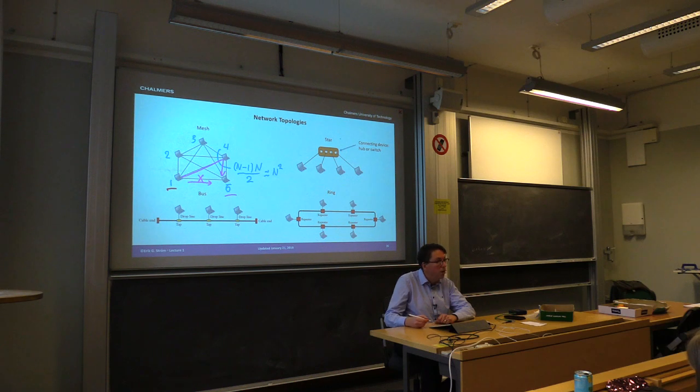So how many links do we need here? Well, it's quite simple. We just need n of them. So it's very few cables that are needed here. It grows linearly rather than quadratically. Okay. So what is the problem with this type of network?